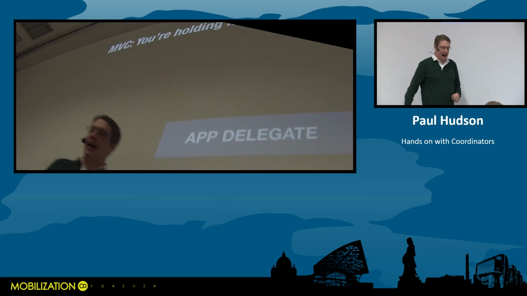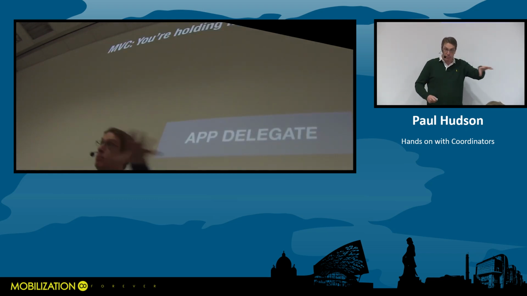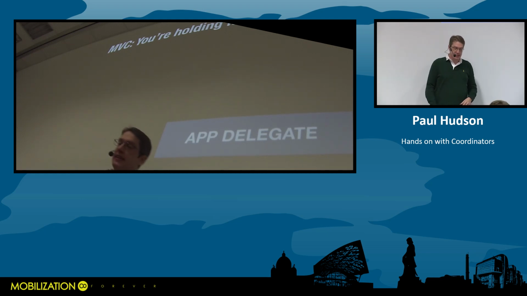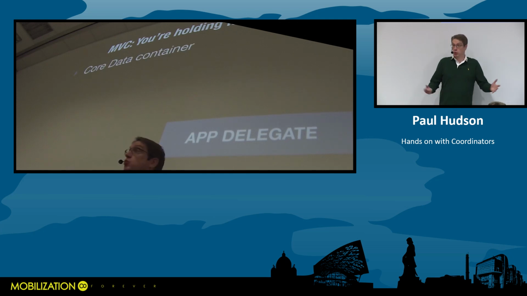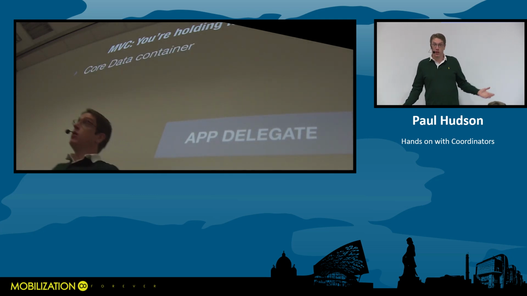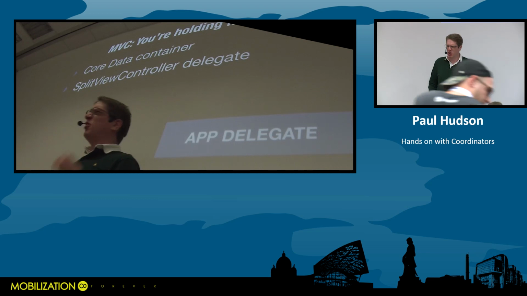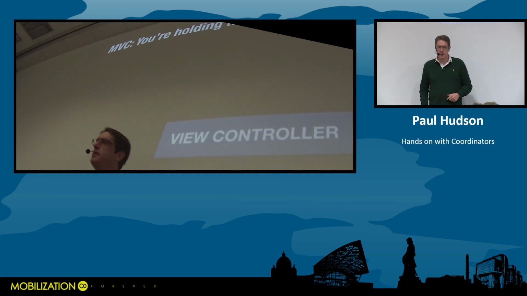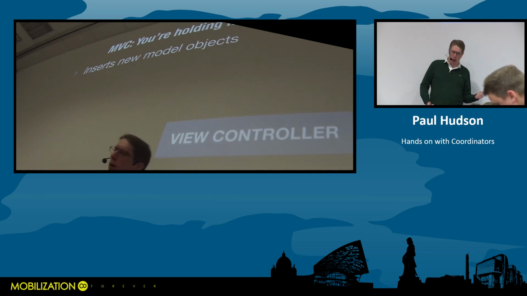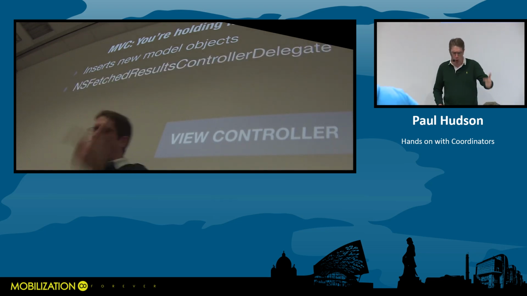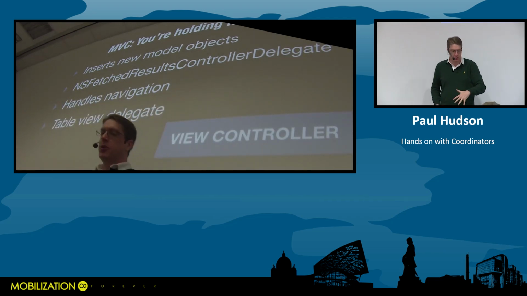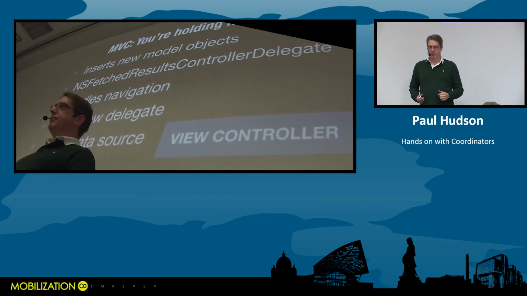If you look at your basic simple master-detail app template from Xcode, you will get in your app delegate your coordinator container, because why not? It'll be a split view controller delegate for some bizarre reason. They'll have the main view controller, which does model objects and some more Core Data and navigation and table view delegate and table view data source, all in one lump.